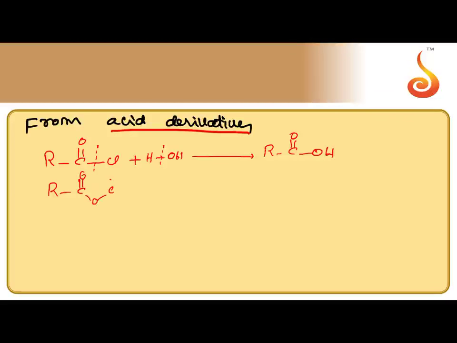Suppose acid anhydride. This is acid anhydride. On hydrolysis, RCOOH is obtained, plus if you take another one, R prime COOH. Mixture of carboxylic acids is obtained.